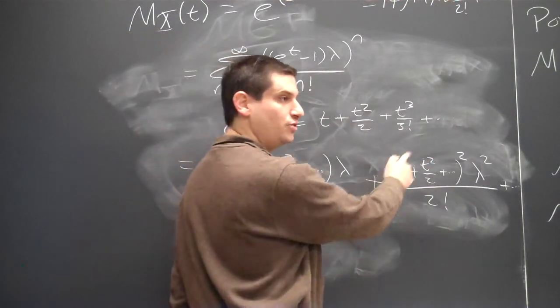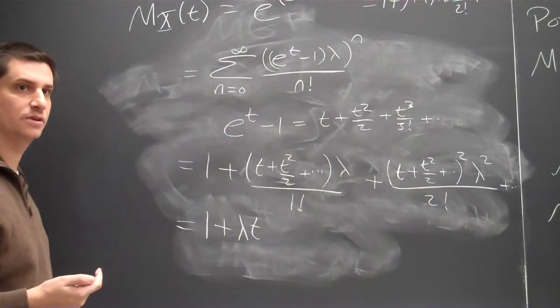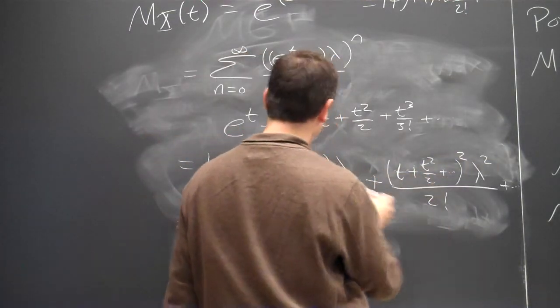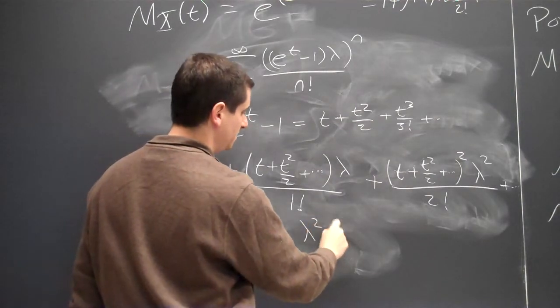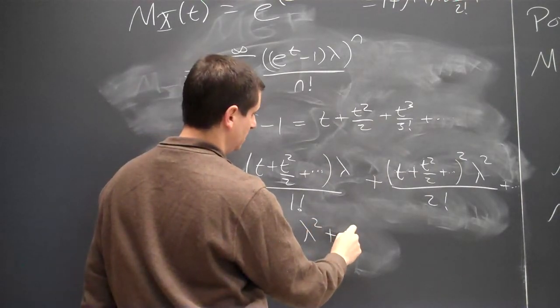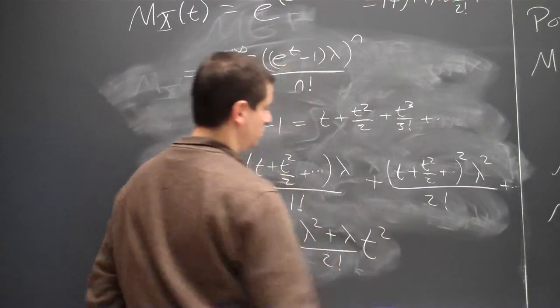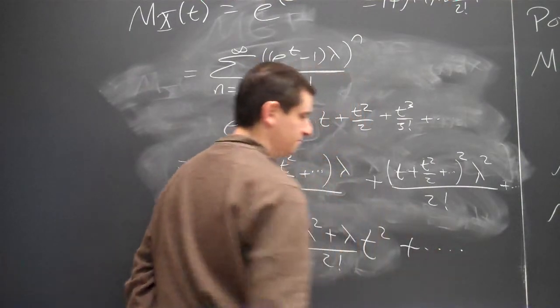The only thing that contributes at the order of t squared is t times t. So we get t squared lambda squared over 2, plus t squared lambda over 2. So we get lambda squared plus lambda over 2 factorial, times t squared, plus dot dot dot.